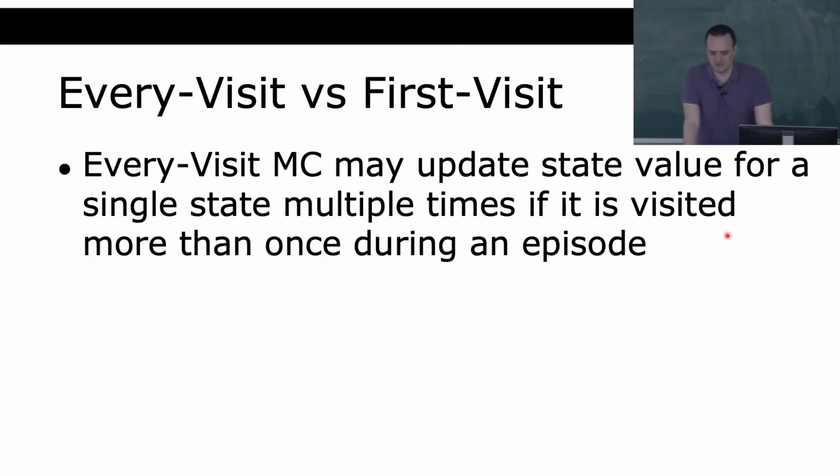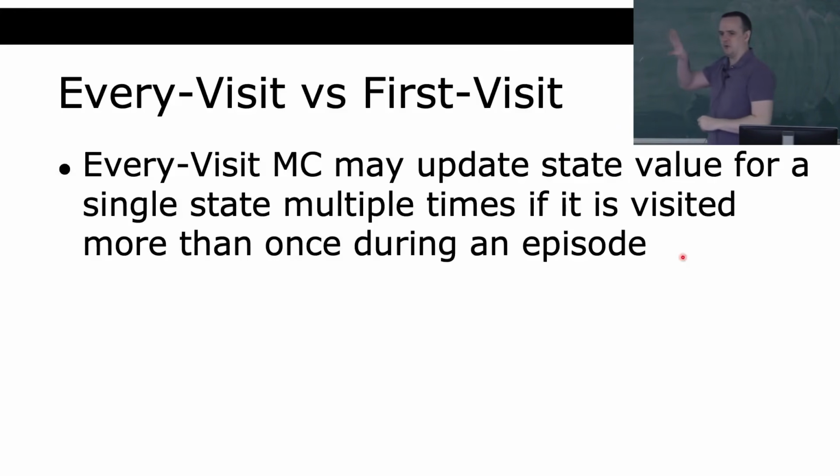So every visit MC may update a state value for a single state multiple times if it's visited more than once during an episode. So think about this. If I have an episode in which a state was visited multiple times, if I do every visit MC, let's say the reward was a win, for example, right?